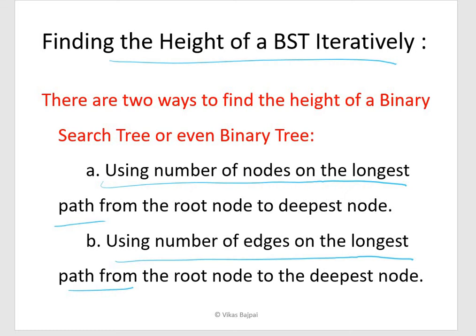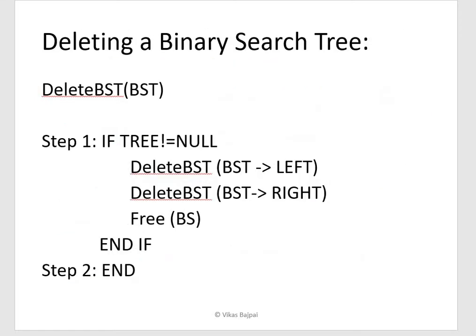Now another concept, that is deleting a binary search tree. In order to delete the entire binary search tree, we need to delete the nodes in the left subtree and in the right subtree.